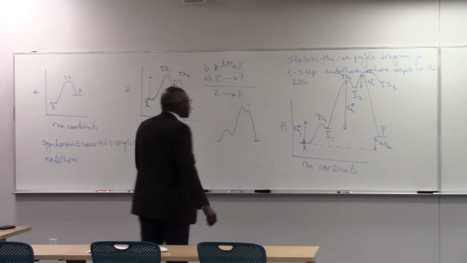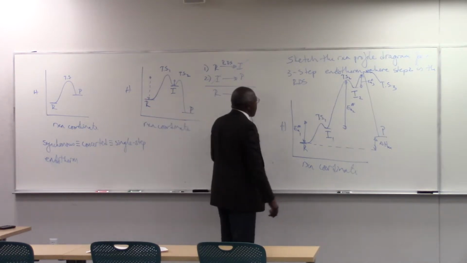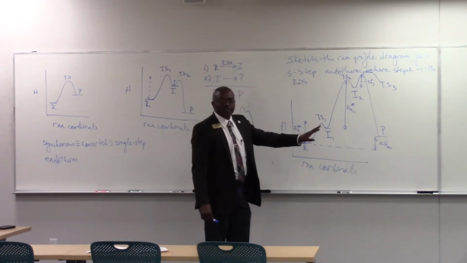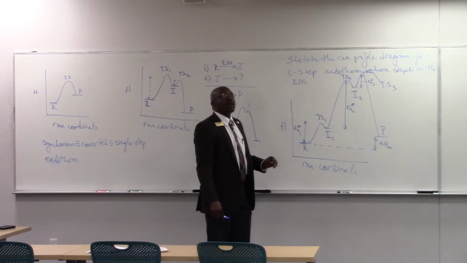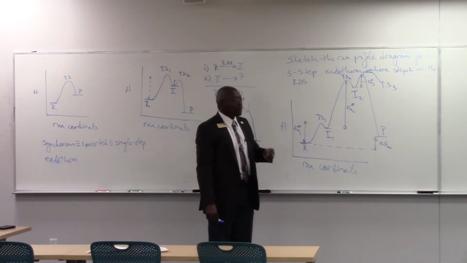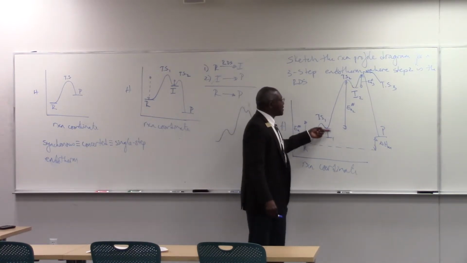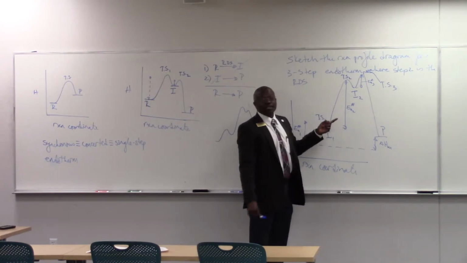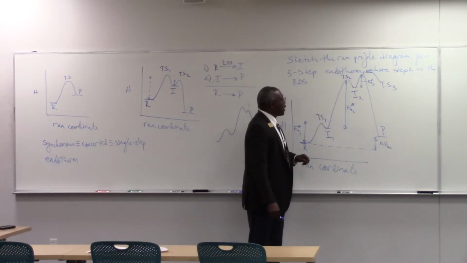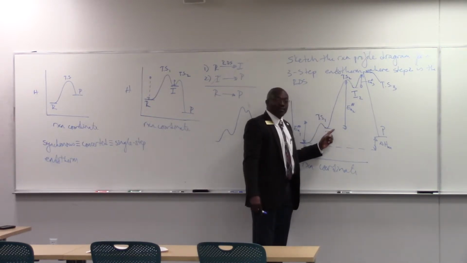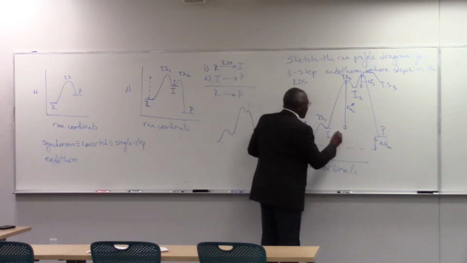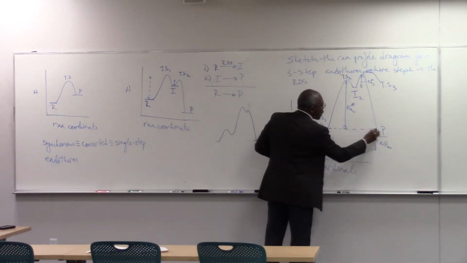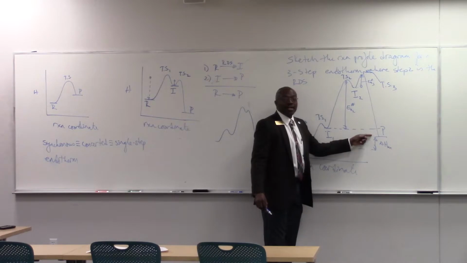I will make one last point. When you sketch these curves, it is impossible for any intermediate, or for God's sake transition state, to be as stable as the product. So the intermediate energies must always be higher than the product energies.